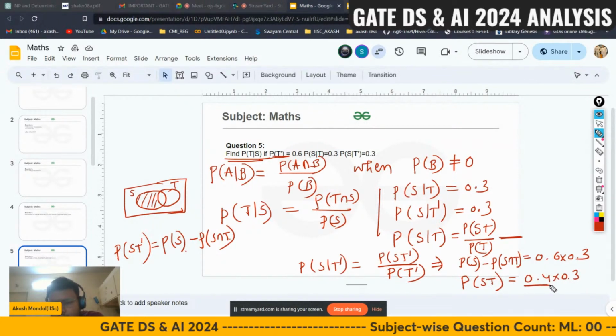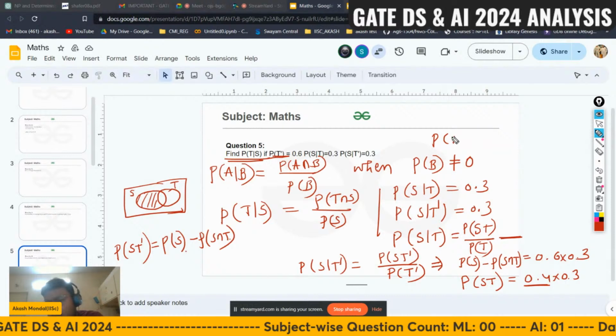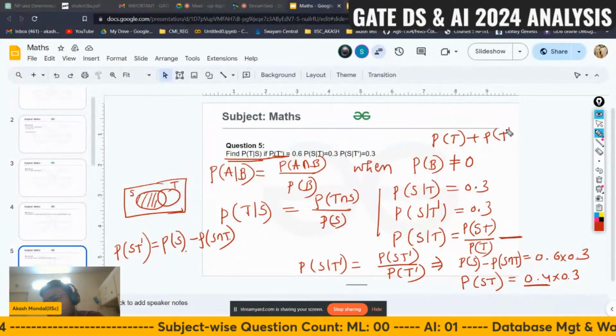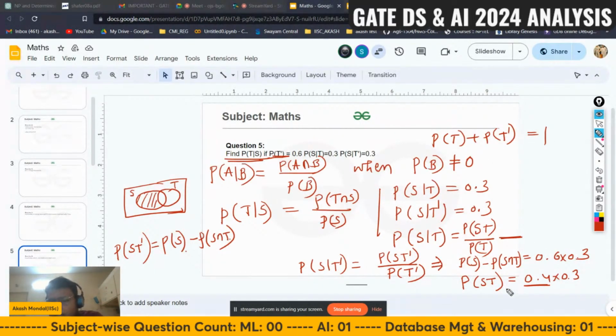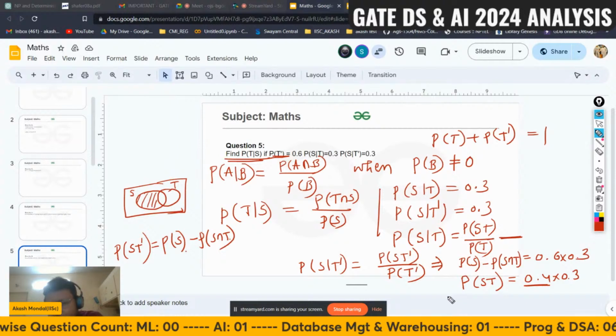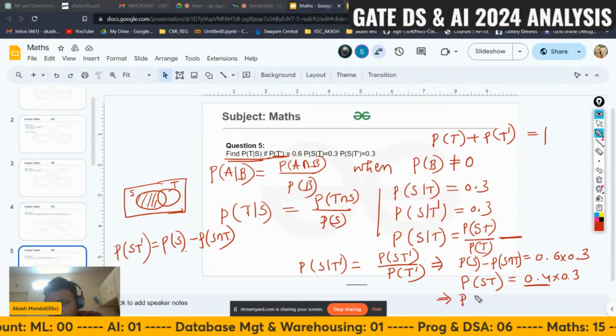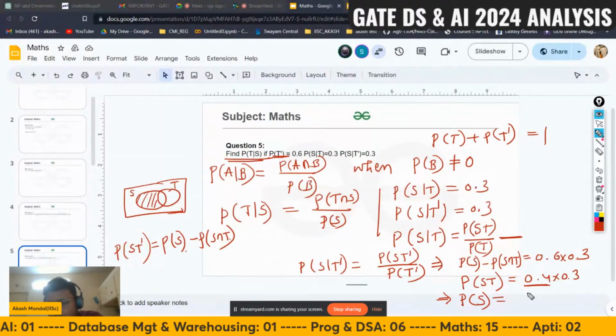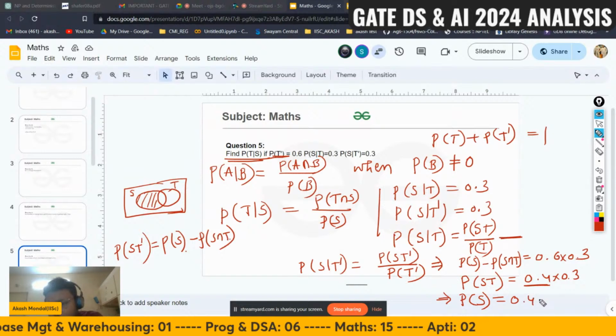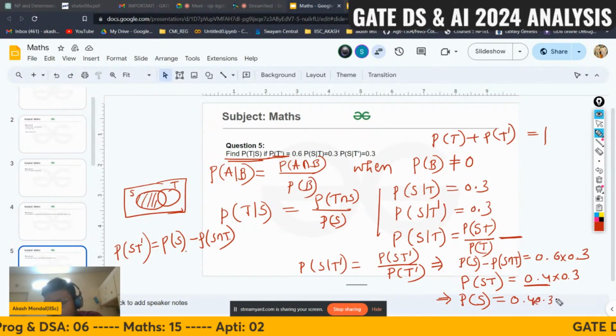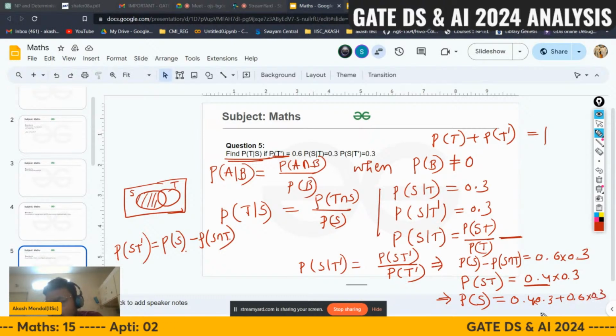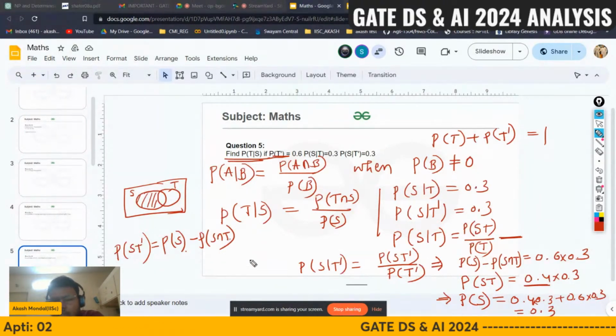Okay, 0.4 is the probability of T, because probability of T plus probability of T complement is nothing but 1. So from this you can compute P of S, which is going to be 0.4 times 0.3 plus 0.6 times 0.3, which is 0.3.